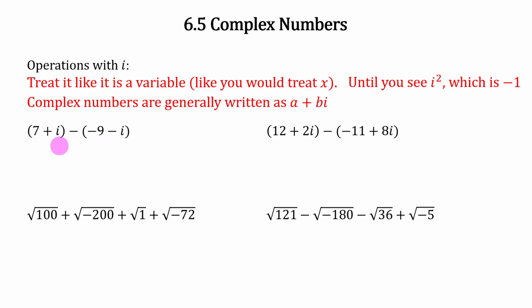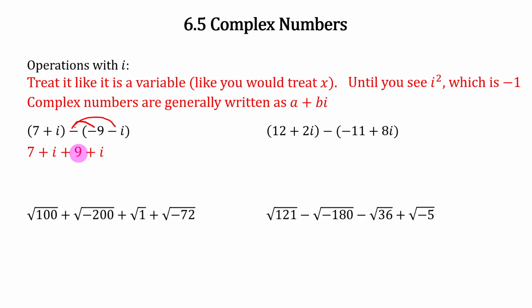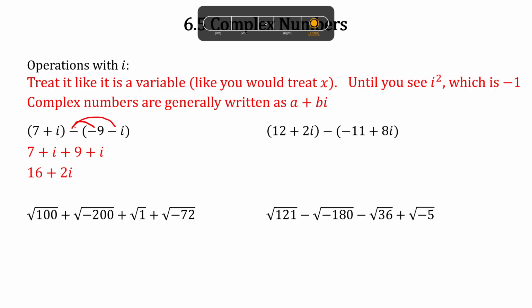So here, this is just like doing 7 plus x minus negative 9 minus x. So we got to distribute the negative in there. And then you're just combining like terms. 7 plus 9 is 16. i plus i is 2i. That's all there is.